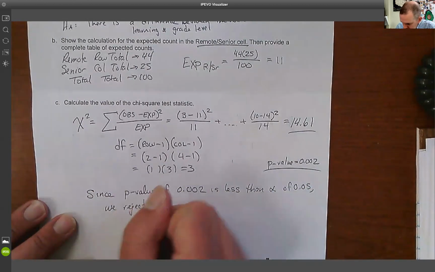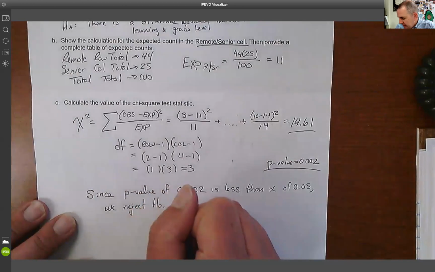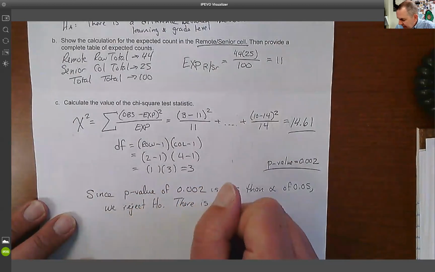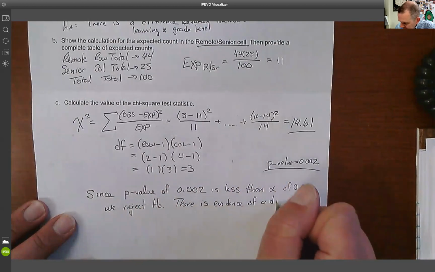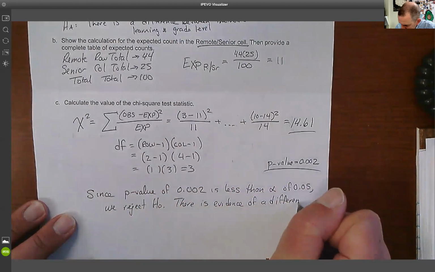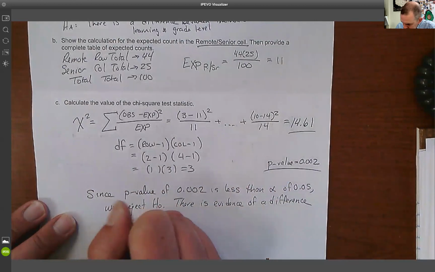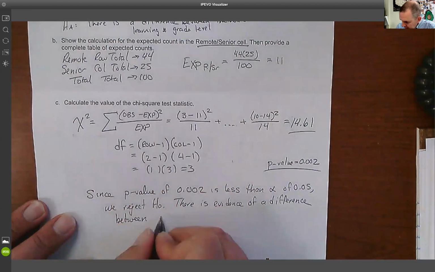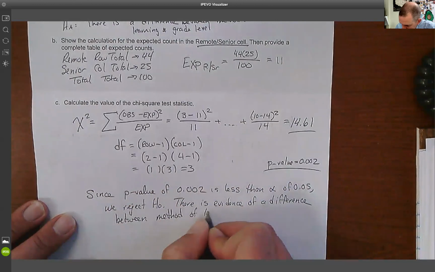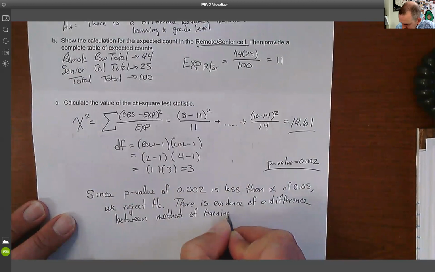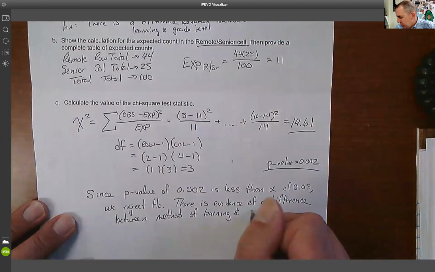We reject the null hypothesis. There is evidence of a difference between method of learning and grade.